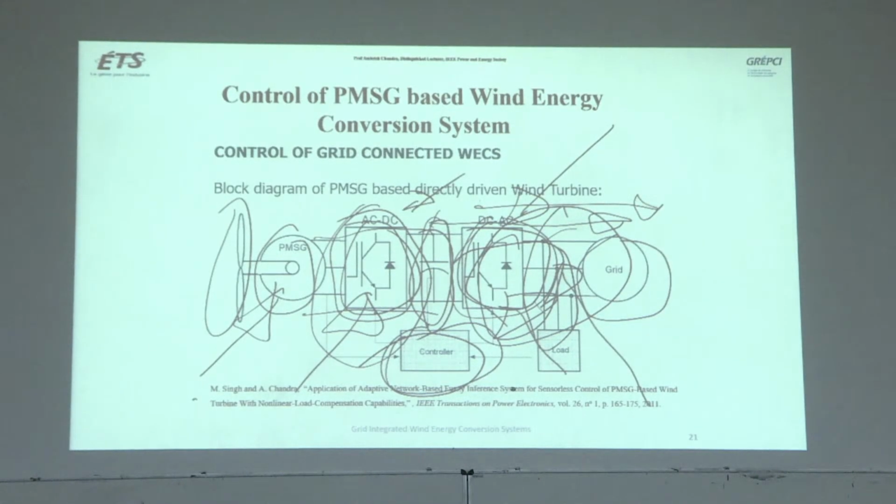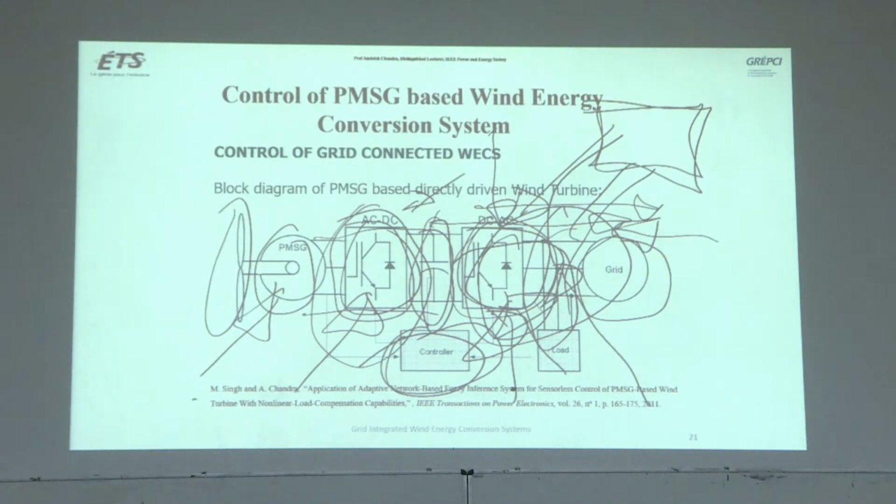But basically, suppose there is a non-linear load here. What I wanted to say is that if it is a non-linear, unbalanced, reactive load, then instead of providing those harmonics or reactive power from the grid, why don't you use this inverter to compensate those problems?